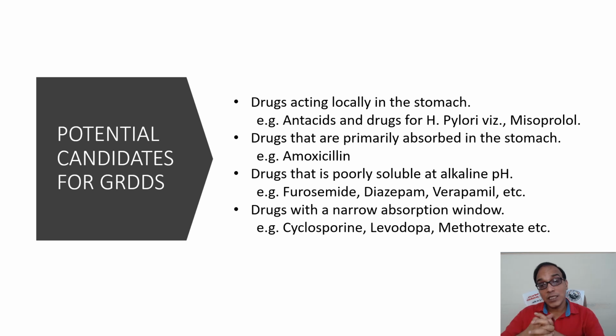Now, what are the potential candidates for gastroretentive drug delivery systems? Drugs which act locally in the stomach, for example, antacids, and drugs for H. pylori or misoprostol, or the peptic ulcer drugs which are required for the treatment of peptic ulcer or in the gastric region only.